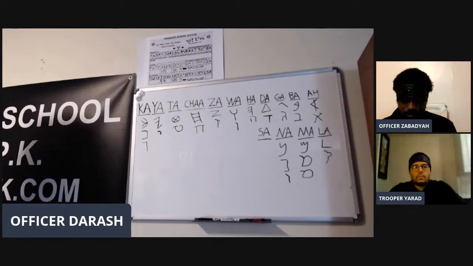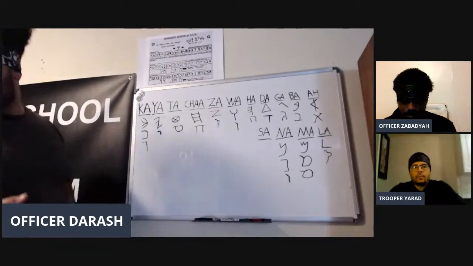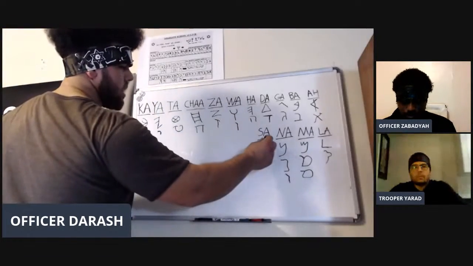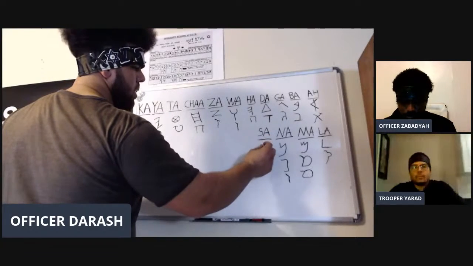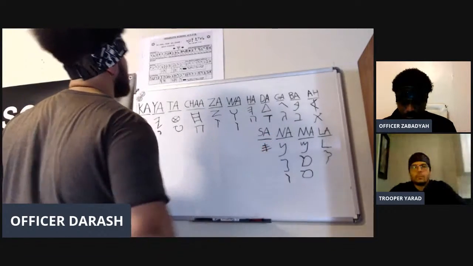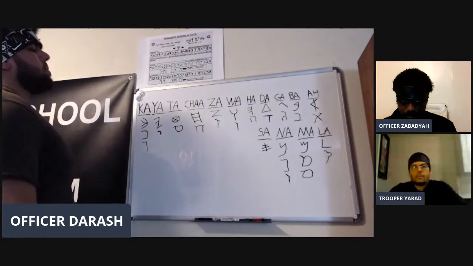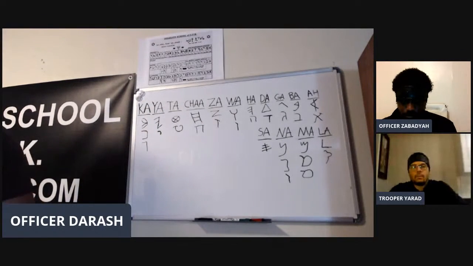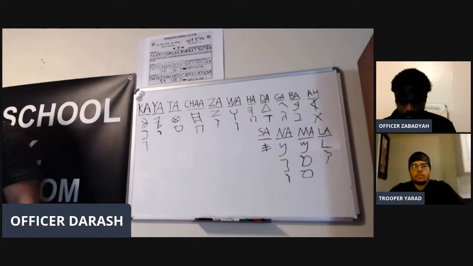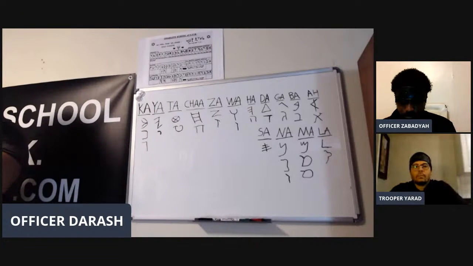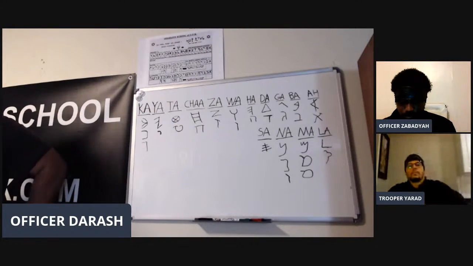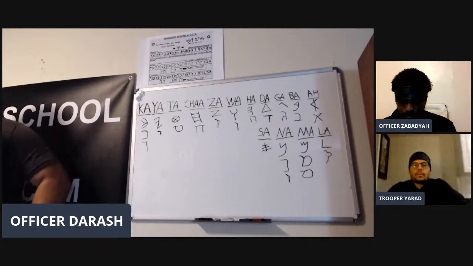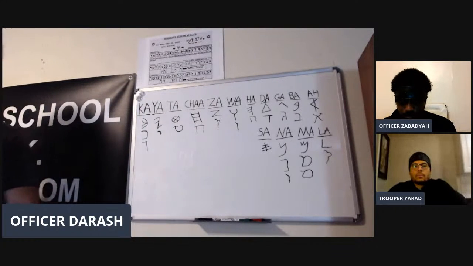All right, so sa is next. What it looks like in the ancient Hebrew is a stick with three lines. That's the ancient Hebrew. Sa, sawad. In the Assyrian, or the bastard, you would say samach.